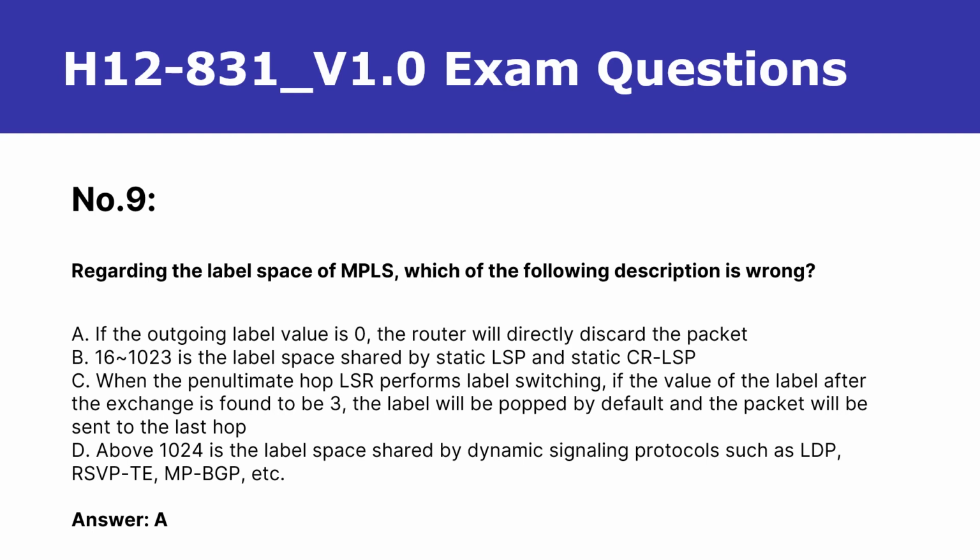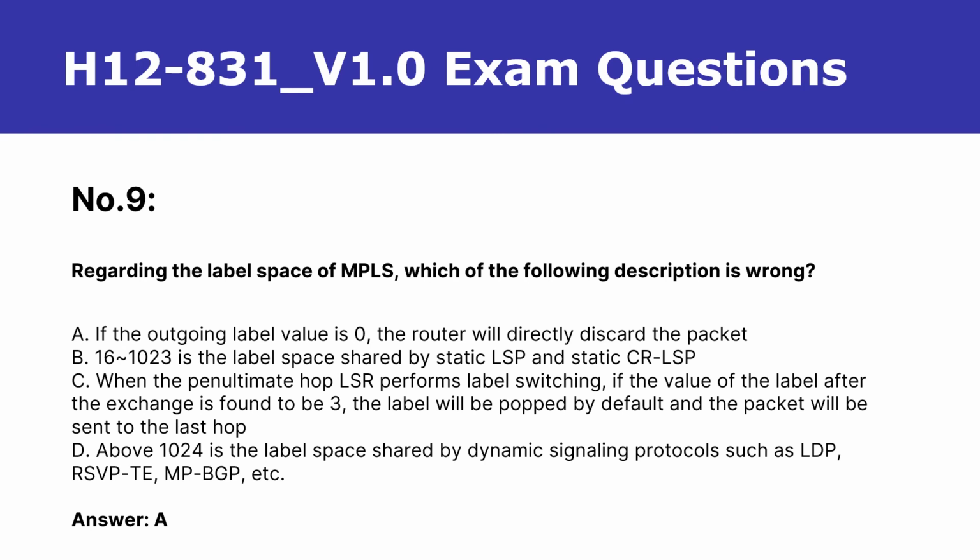Regarding the label space of MPLS, which of the following descriptions is wrong? A. If the outgoing label value is 0, the router will directly discard the packet. B. 16-1023 is the label space shared by static LSP and static CRLSP.